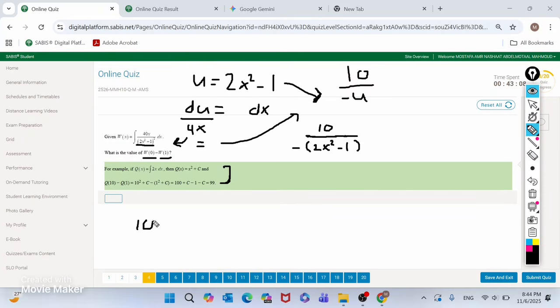10 over negative, 2 times 0, because first they want w of 0, squared minus 1.